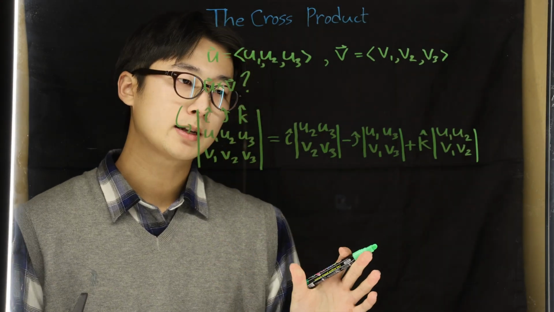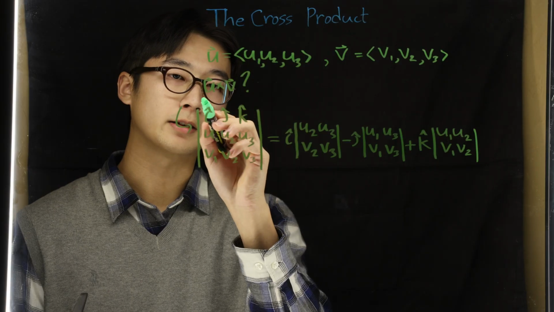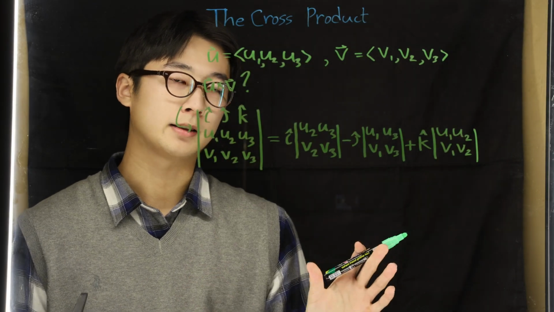That's it. This is how we can find the new vector, the cross product, using determinant.